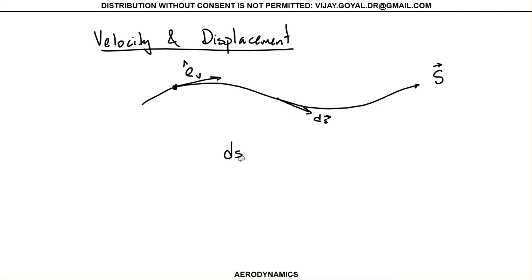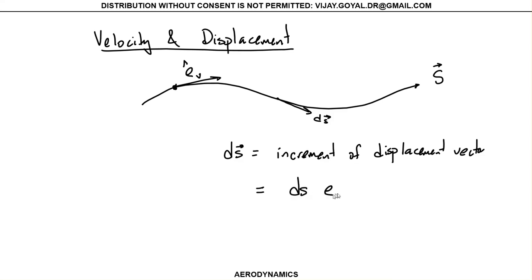So ds is nothing else than the increment of the displacement vector. I can write ds as ds times e_s, where e_s is the unit vector in this direction.